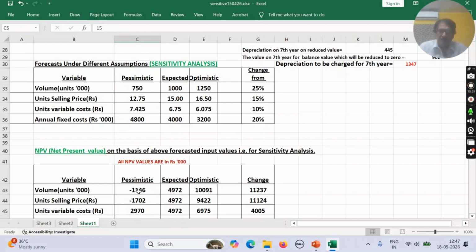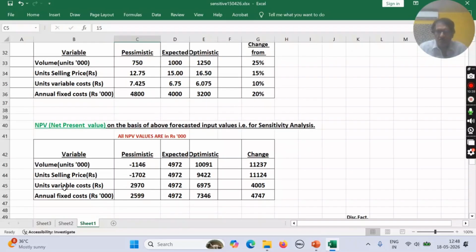The NPV negative means the project will be rejected for this pessimistic situation, but still for the case of unit variable cost, even in the pessimistic situation, the project may be accepted as the NPV is positive. It is lower than the expected value, but it is positive.